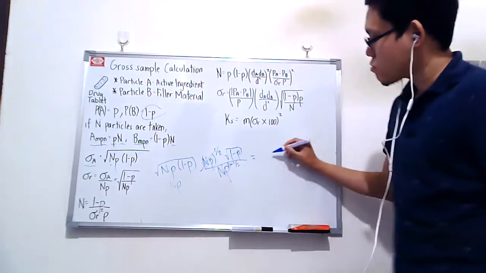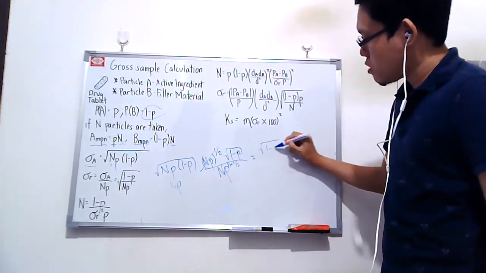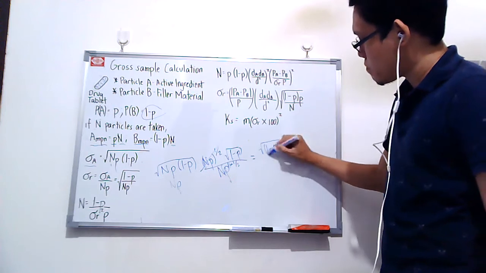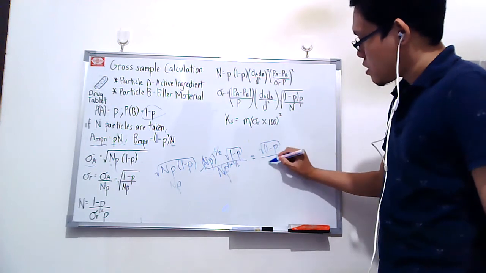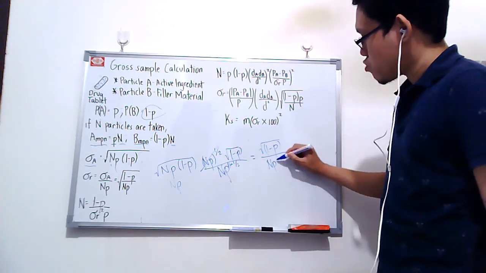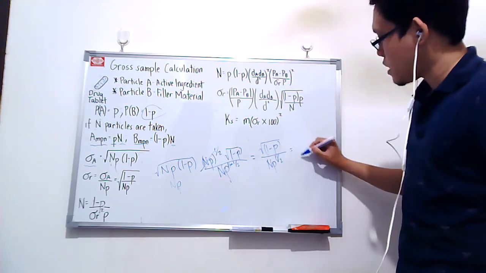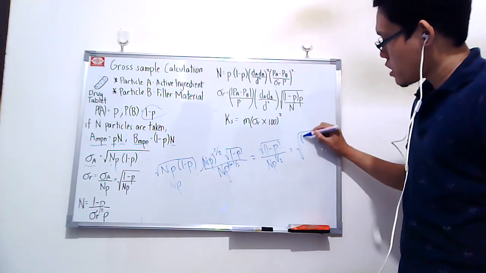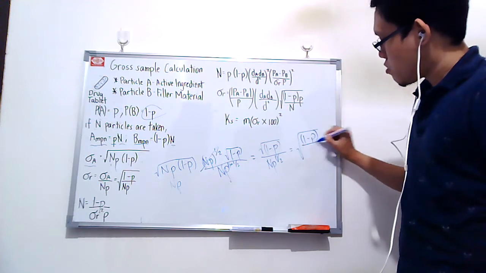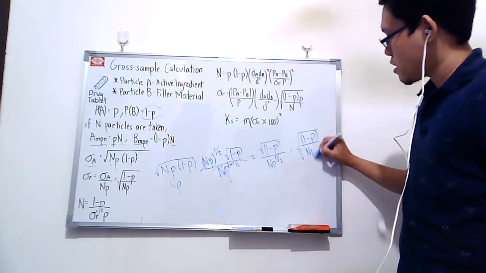So magiging sagot mo ay the square root of 1 minus p over np, raised to the 1 half, which will be equal to the square root of 1 minus p over np.